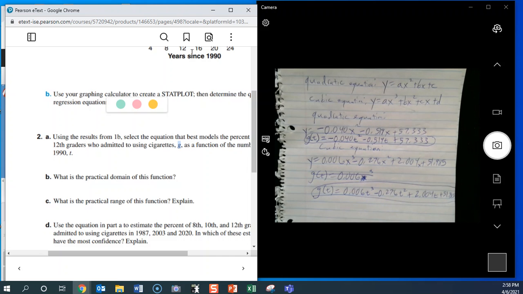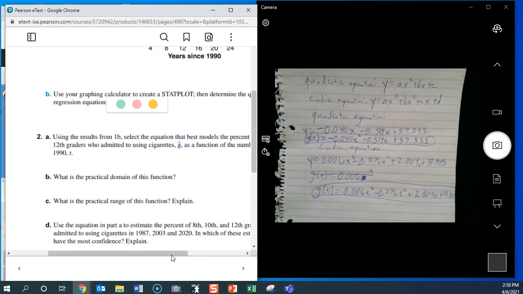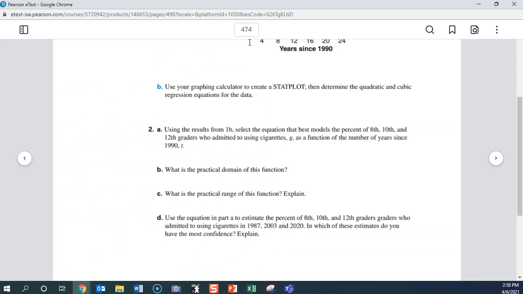Now we're going to go over to 5.1. Let's take a look at what 5.1 is. Page 496 to 498. And this problem is 1 through 4 all. So first we need to turn to page 496. Let me expand this out.